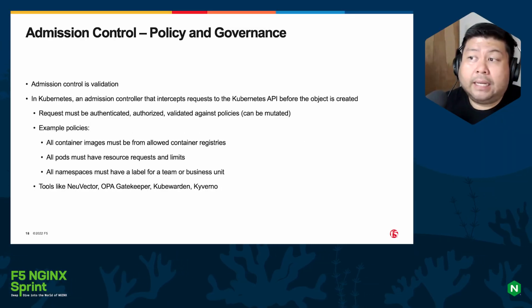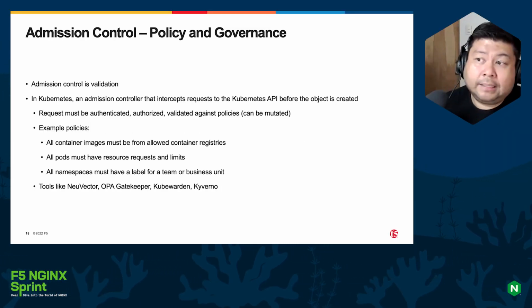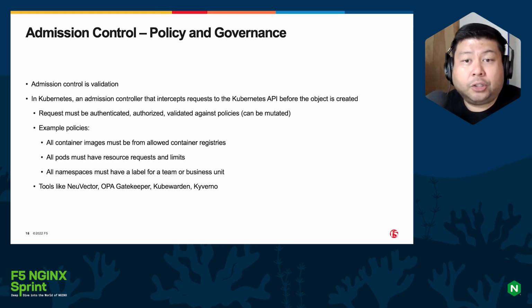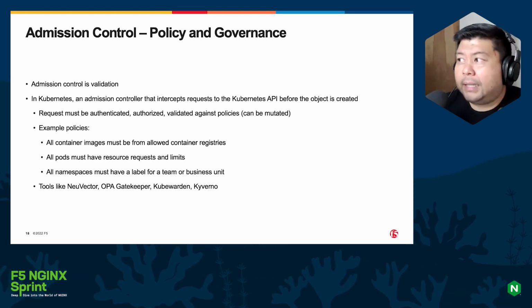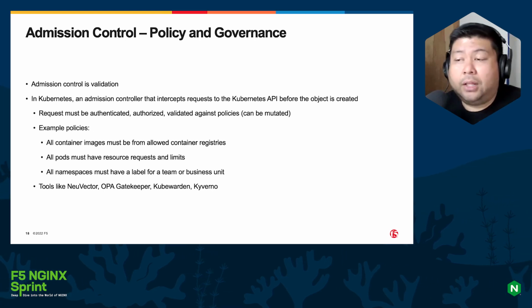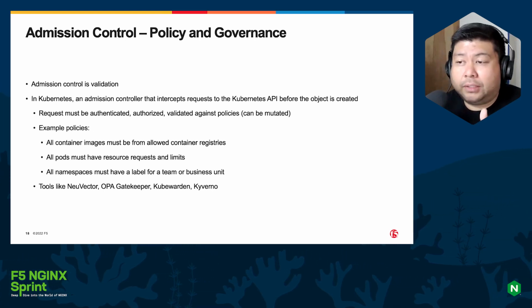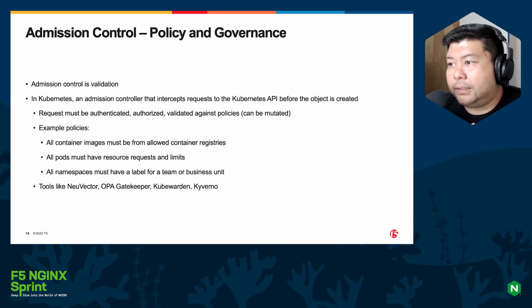So in admission control is validation. In Kubernetes, there are third-party admission controllers available that can intercept requests to the Kubernetes API, validate those requests, and also change those requests to satisfy policies.